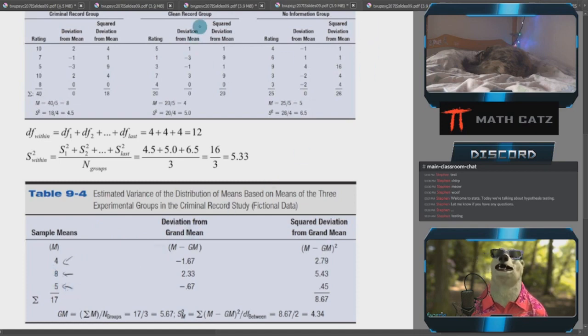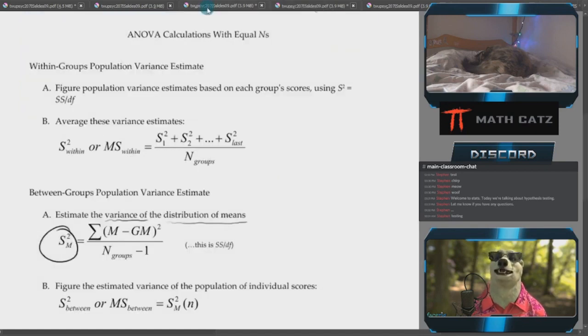And that's not ultimately what I'm looking at. I'm interested in the population variance estimate. Whereas when I look at between the groups, it's a distribution of means variance estimate.